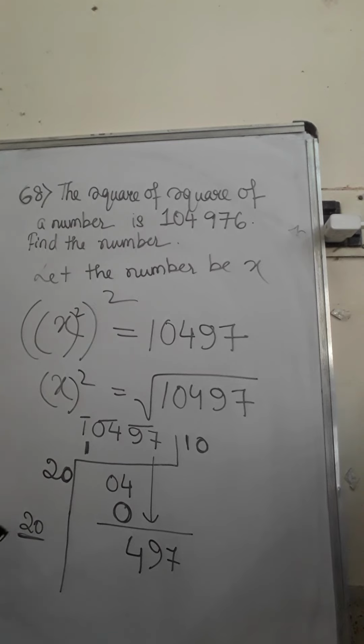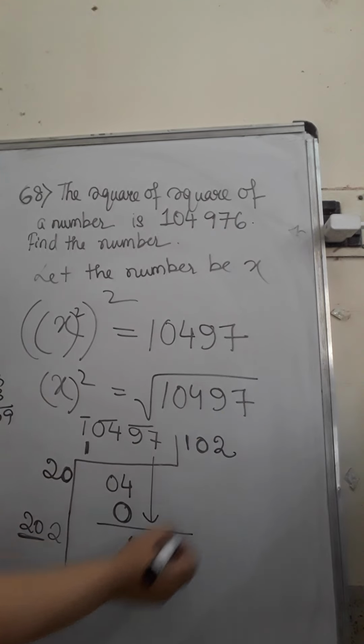Now with 20 I have to take a number and multiply with the same number so as to get 497. So 201 into 1, 202 into 2 gives me 404. 203 into 3 if I do gives me a higher number than 497.